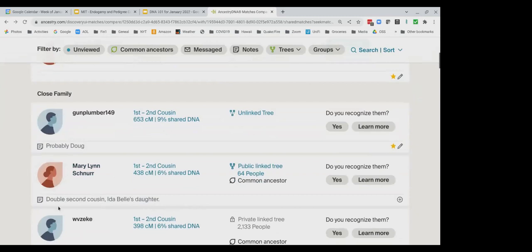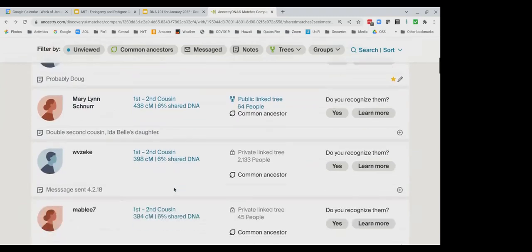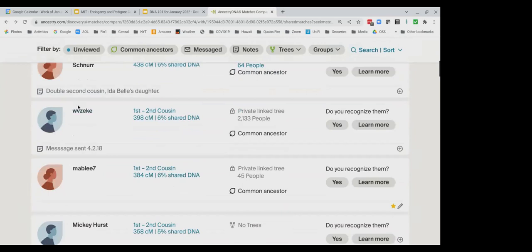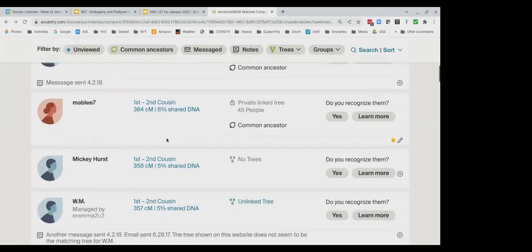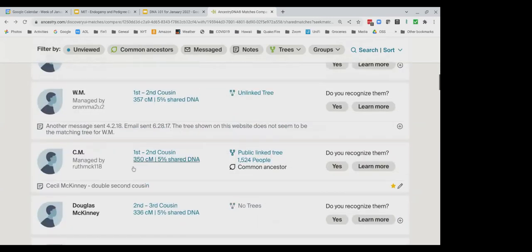Note that I put the note in here because Ida Bell, who is an Ashworth, I would not know the name Schnurr just because I happen to know that she's Ida Bell's if I hadn't reminded myself. Message sent. I now know who Zeke is. He happens to be Charlotte's nephew, but I didn't initially, so I sent him a message asking him to give me some more information. Here's another double second cousin.